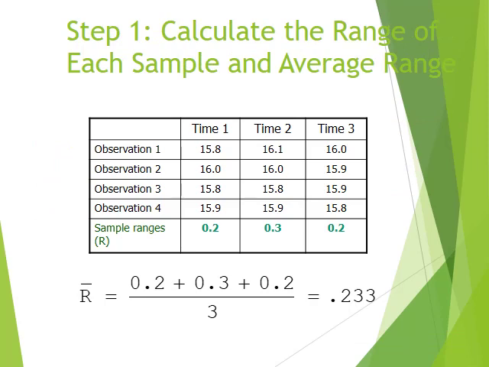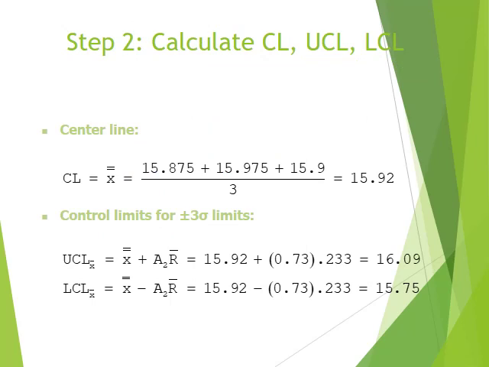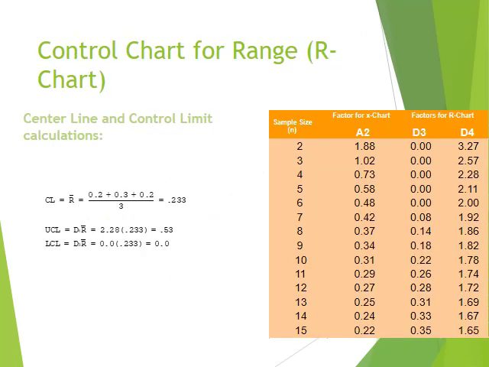Calculate the range of each sample and the average range. For example, we want to find the average range: 0.2 plus 0.3 plus 0.2 and divide by 3. Step 2. Calculate CL, UCL, and LCL. Control chart for range, R chart, centerline and control limit calculation.